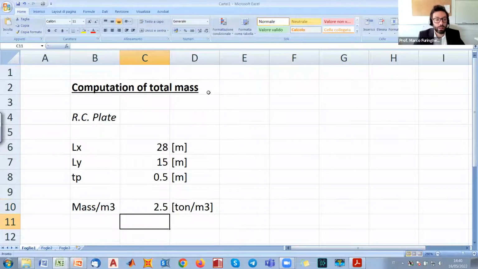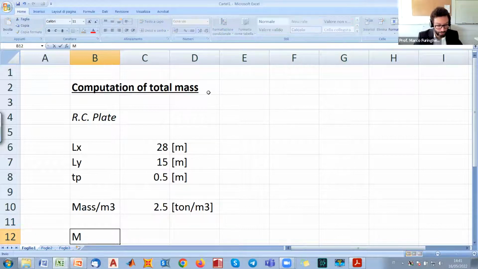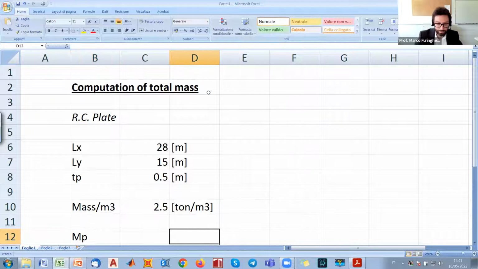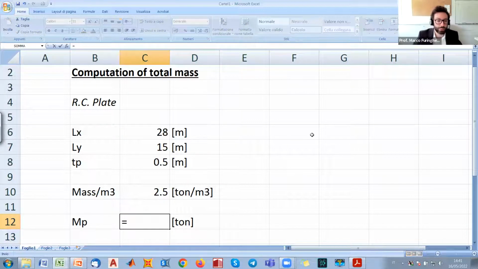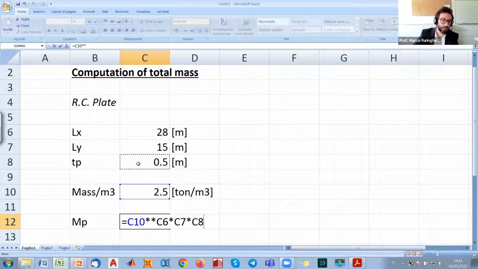According to this, we know the mass of the overall plate, MP, in tons, equal to the multiplication of all these four numbers: the mass per unit volume times Lx times Ly times the thickness.